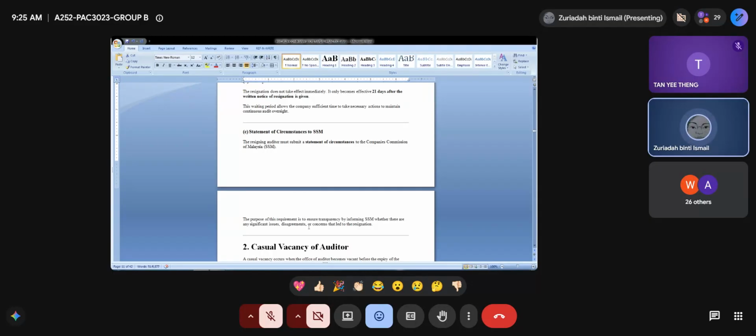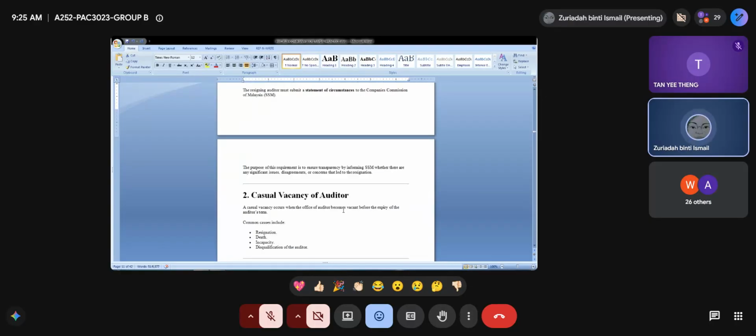The purpose is to inform SSM what the reasons for resignation are, particularly when there are issues or disagreements of concern.